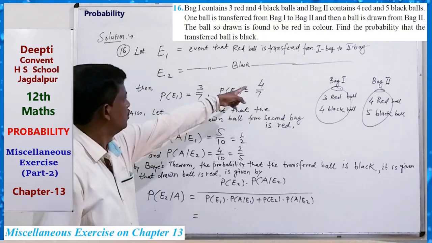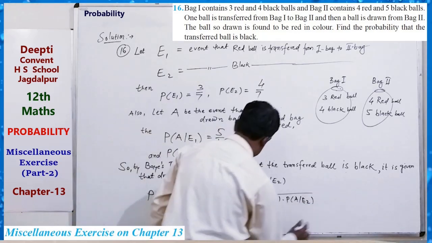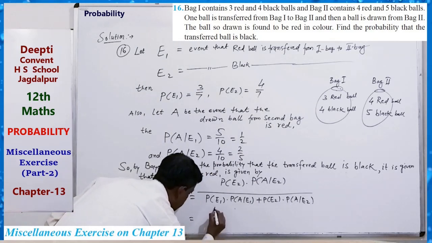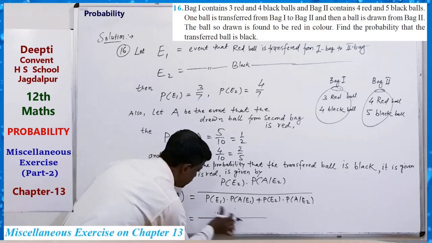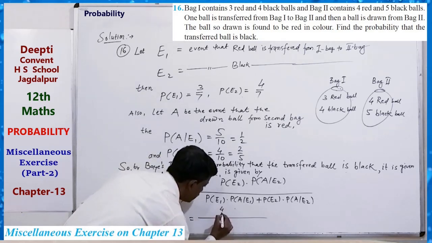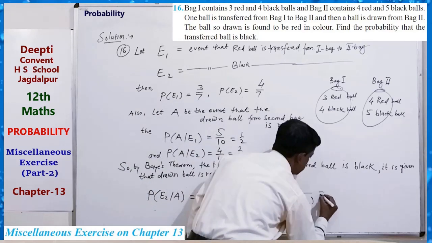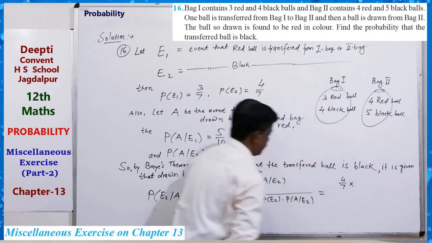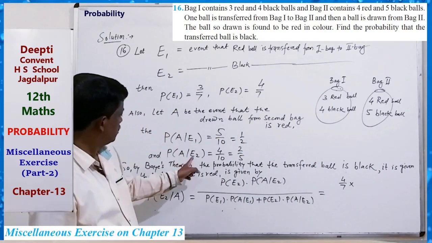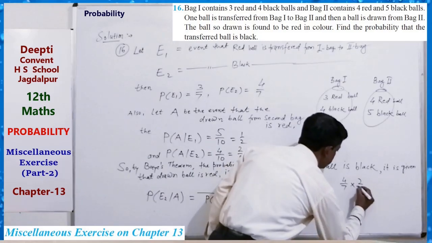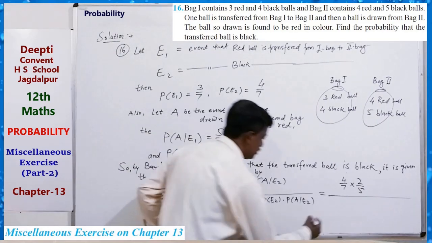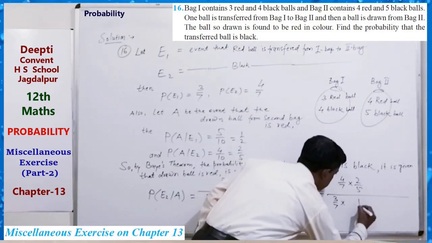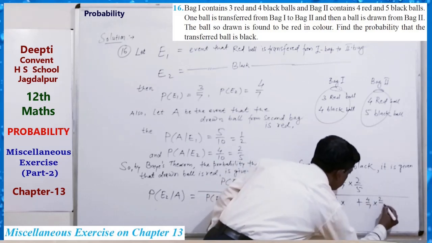P(E2) is 4 by 7, so 4 by 7 into P(A by E2) 2 by 5, upon P(E1) 3 by 7 into P(A by E1) 1 by 2, plus 4 by 7 into 2 by 5.